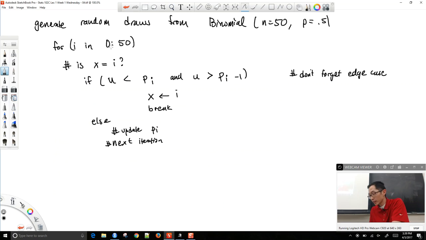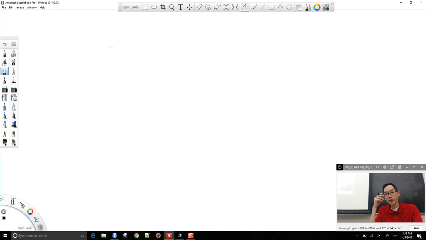Okay, and if you're convinced that that works, then we can talk about generating values from a continuous distribution, right? So again, we can still generate values from U(0,1), okay?